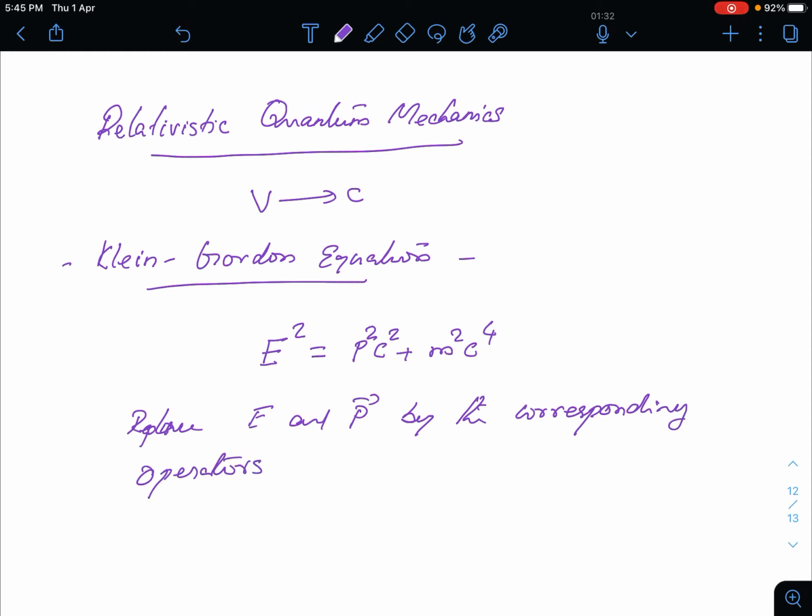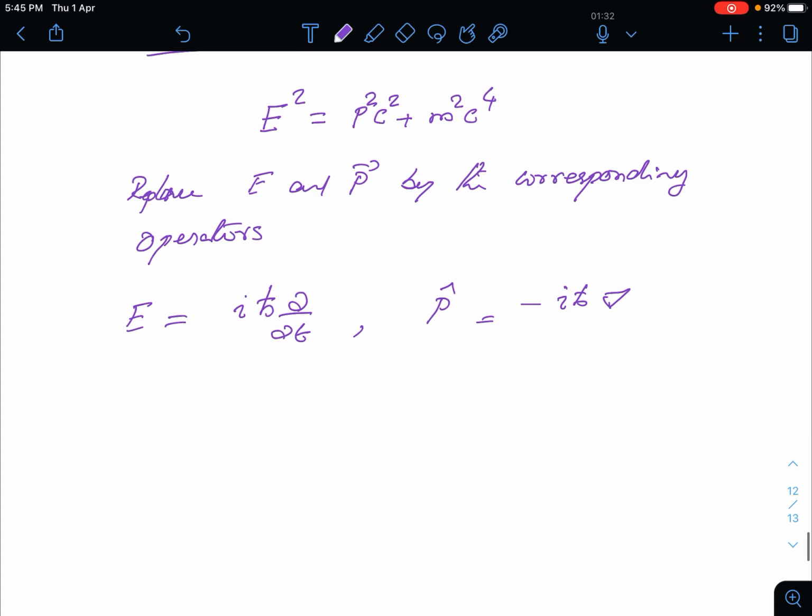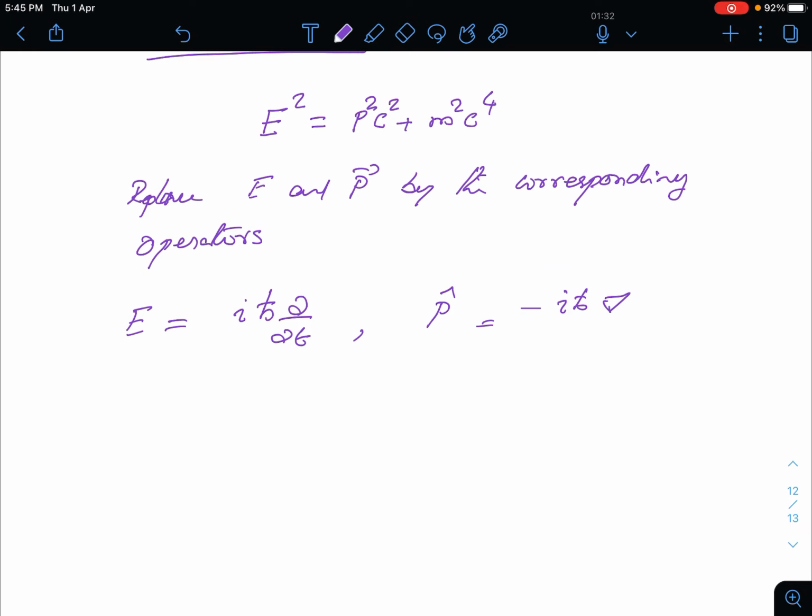So what are the operators? We know that the E operator is simply i h cross dou by dou t, am I right? And the p operator is simply minus i h cross del. So what would be the square of this?